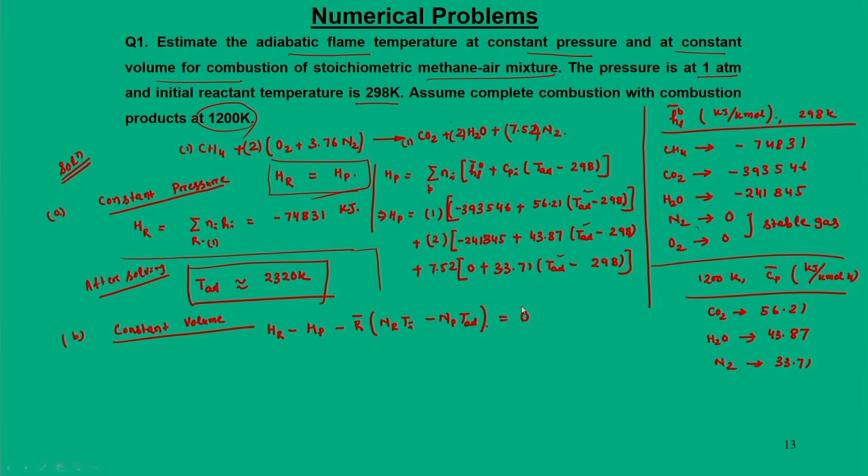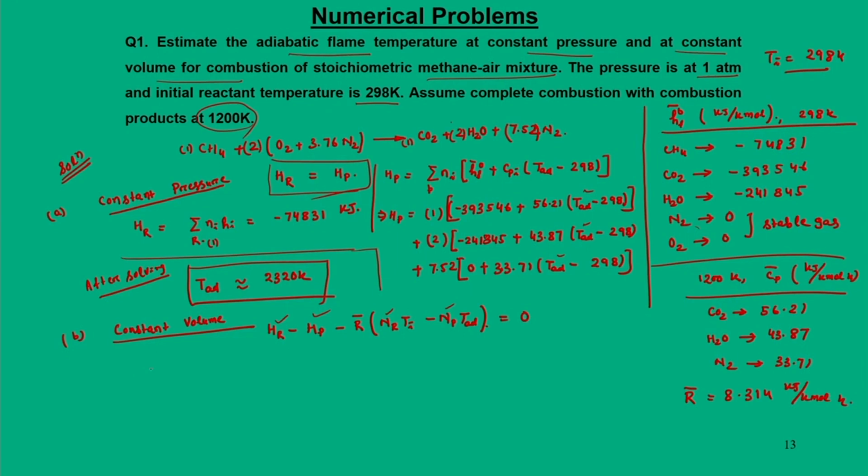This is the working equation that we derived in our earlier slides. All the information of HR and HP is known to us. The number of moles of reactants and products is also known from these equations. The initial temperature Ti is 298 Kelvin. The adiabatic temperature is unknown, and R bar is 8.314 kilojoule per kilomole Kelvin.